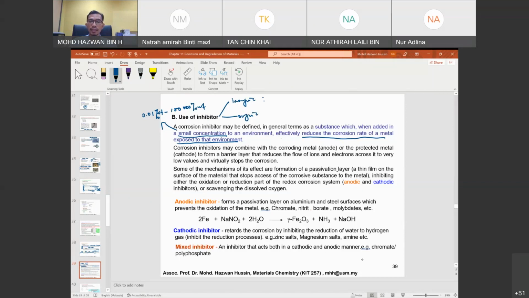Examples for inorganic inhibitors: you will have chromates, phosphates, nitrates, and etc. Meanwhile, for organic inhibitors, the criteria is that it must be aromatic. Aromatic means that it is an electron-rich structure.